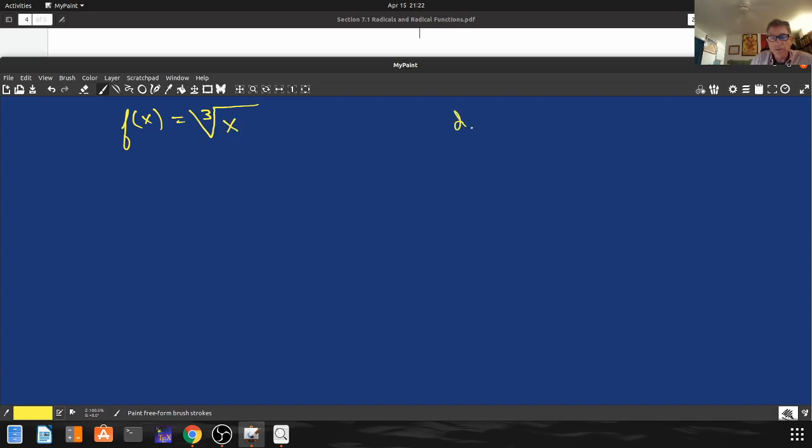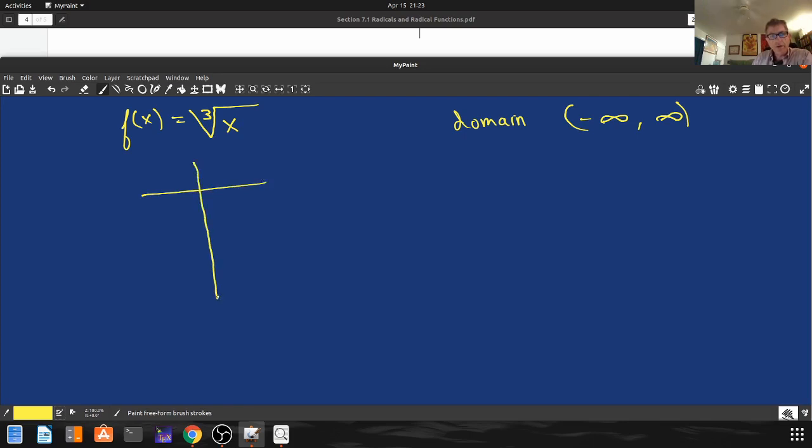So what is our domain? Well, since the index is odd, x can be any real number. So the domain is minus infinity to infinity. So that's going to help me plot it.